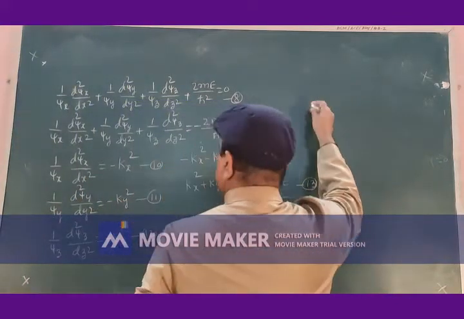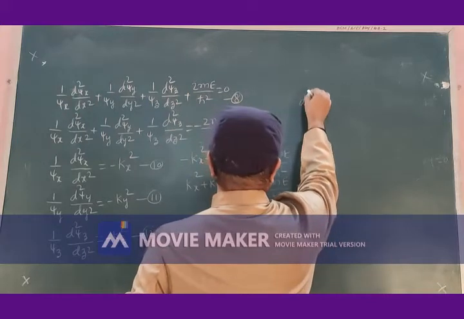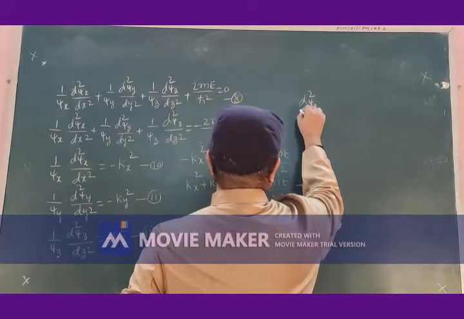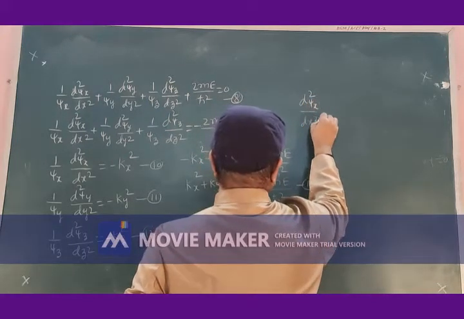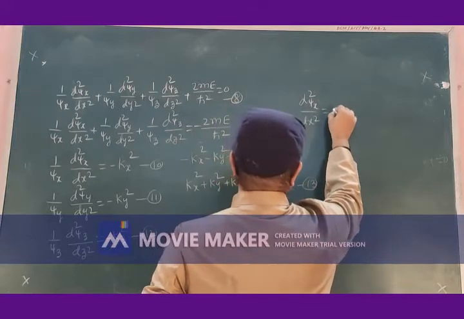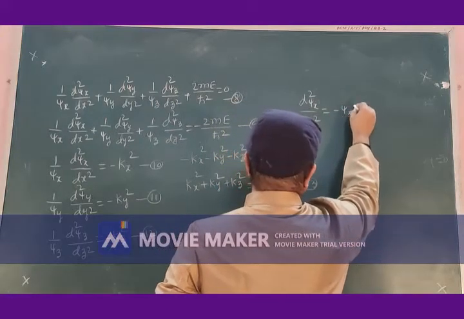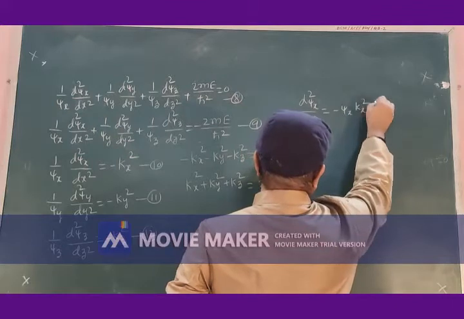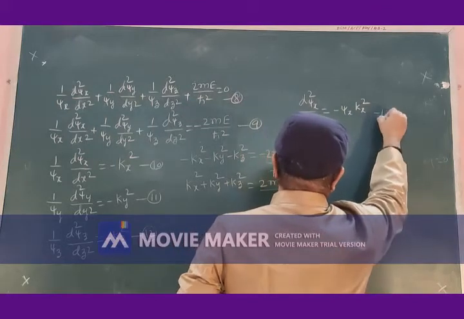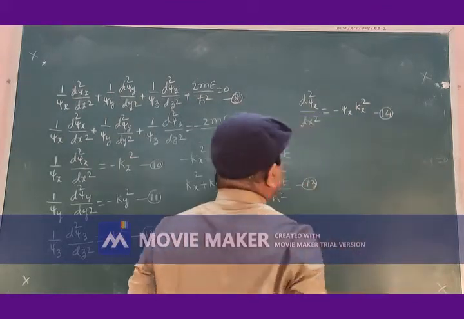Let me write equation 10 as d2 psi x by dx square is equal to minus psi x kx square, equation number 14.